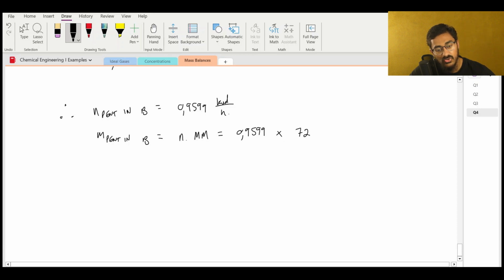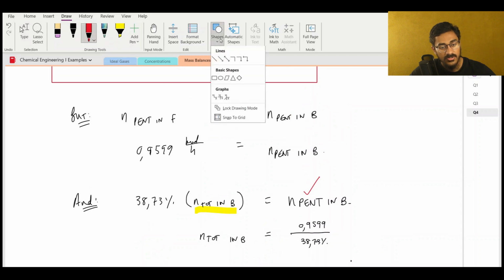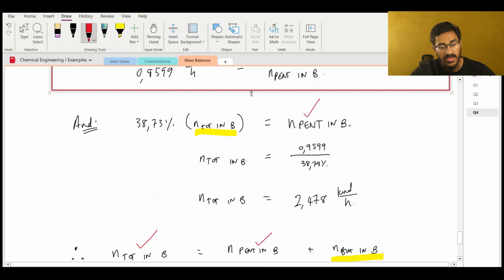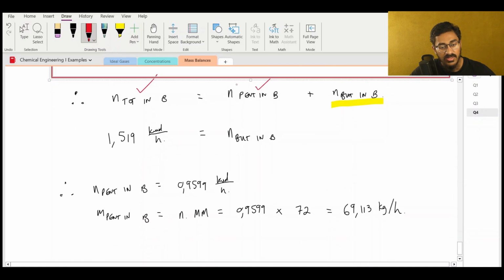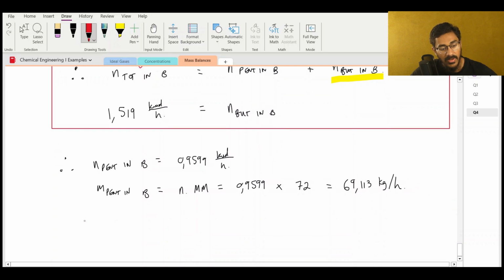That is 72. Okay. And that should give me 69.113 kilograms per hour. So what I'm going to do is put this in a box. So all of this is my analysis for the number of moles in B. And now I'm doing all my masses.